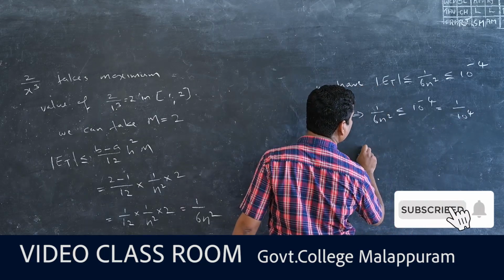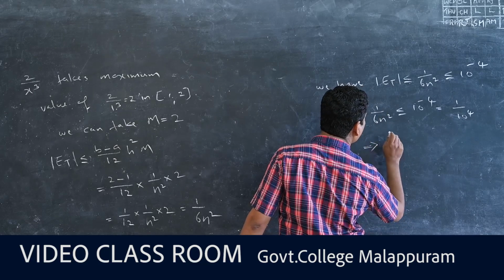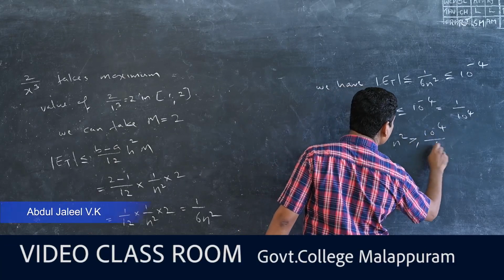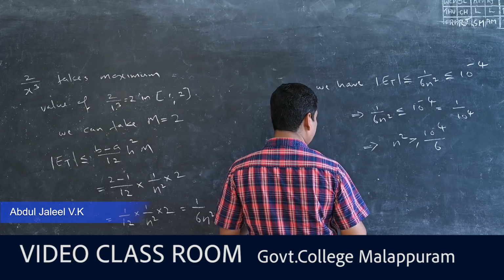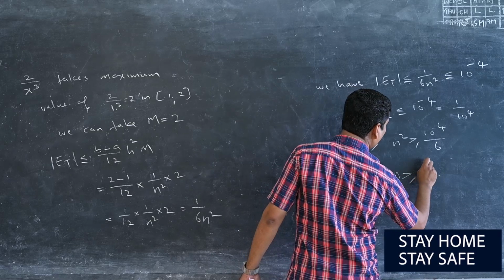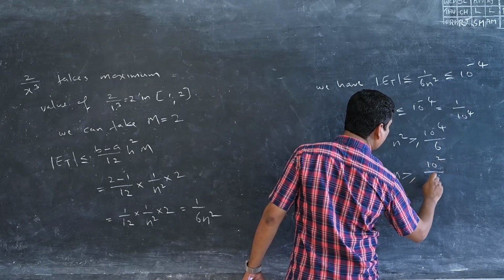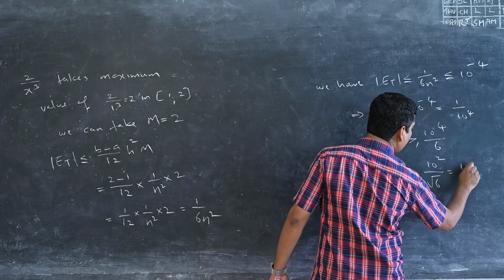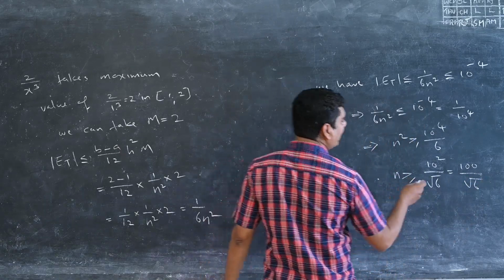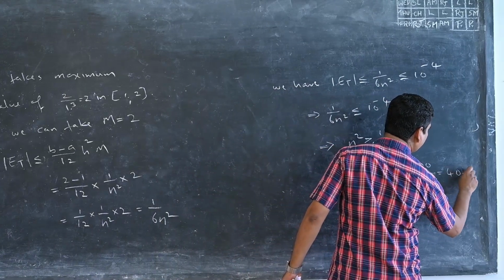So this implies n squared is greater than or equal to 10 raised to 4 divided by 6. Taking the square root, n is greater than or equal to 10 squared, that is 100, divided by root 6. Now the value of 100 divided by root 6 is 40.83.